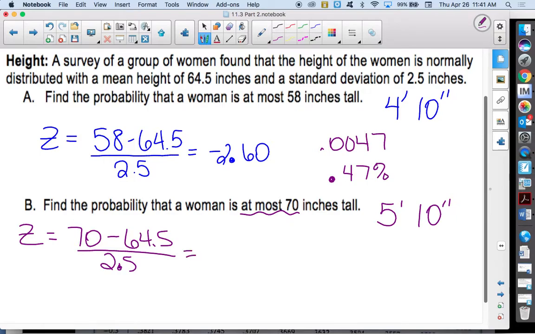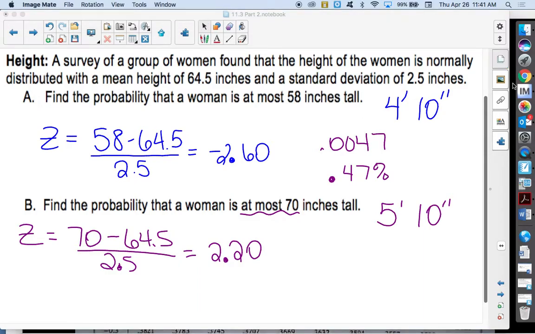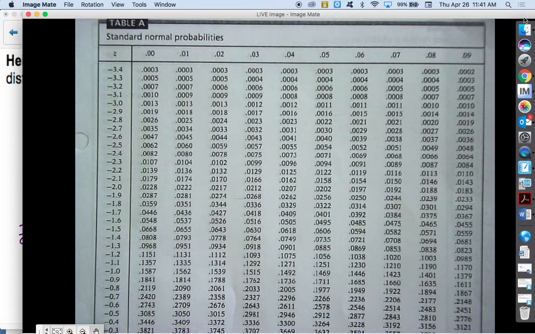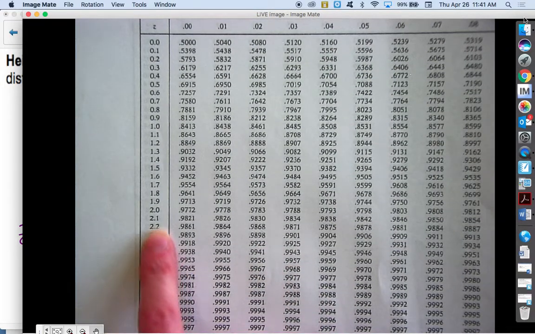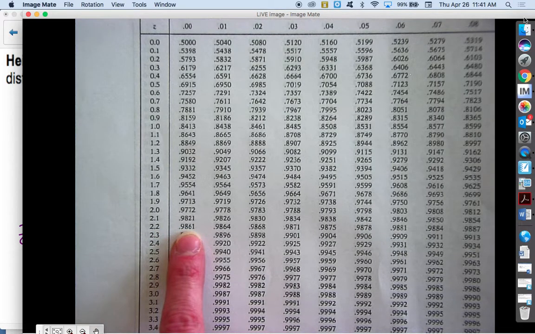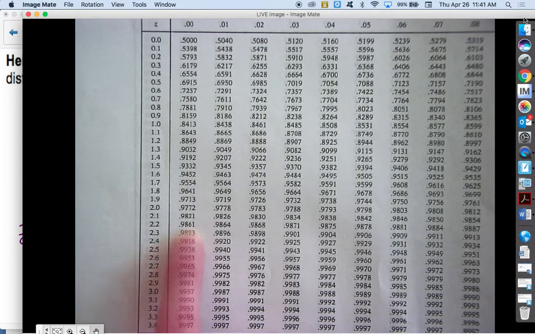All right, so what's this Z-score value? Should be positive because we're taller than the average. Isabella? 2.2. And again, tack a 0 on there so that we have the hundreds place. So going back to that little chart, flipping it over again to the positive side, you're now looking at 2.2, so going down on the left side to 2.2, and then it was 2.20, so you're in that first column, 0.9861.